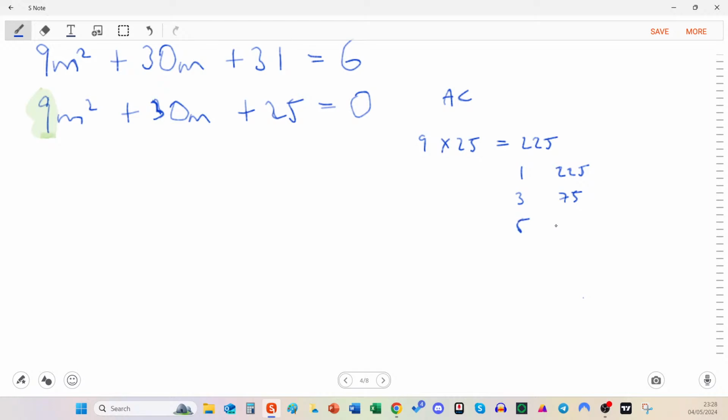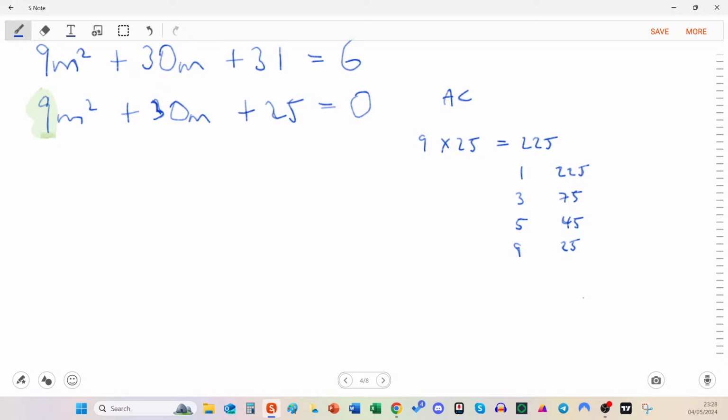So we'll skip straight to 5. Is that good? No, we're looking for 30. What about 6? No, 6 doesn't go. 7 probably won't. 8 won't go. 9 and 25. 9 doesn't fit with 25. So that's not a good one.